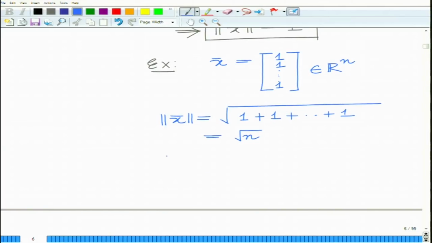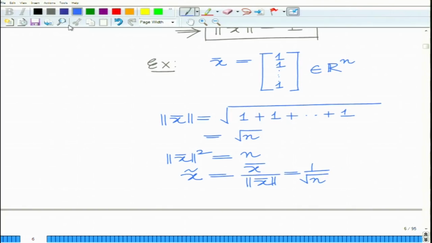In fact, norm x bar square, remember we are talking about L2 norm x bar square equals n, and in fact x tilde equals x bar divided by norm of x bar, that is 1 over square root of n into the vector, that is 1 vector of all 1.